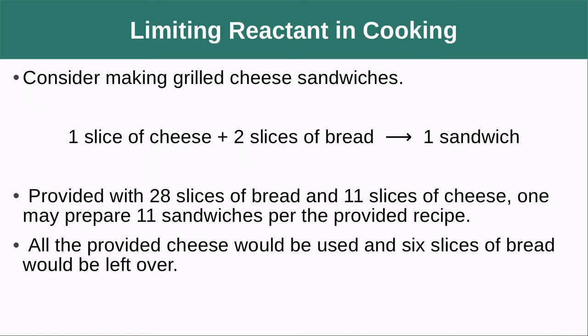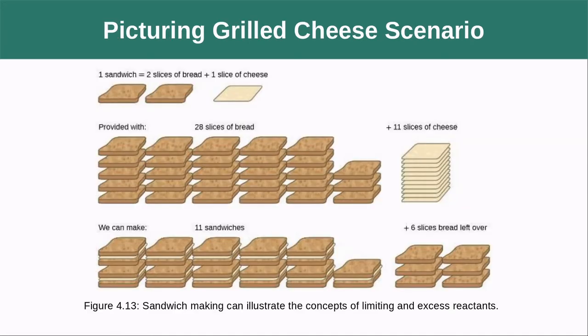So let's go back to one of our food examples. Let's consider that you're making grilled cheese sandwiches. You need 1 slice of cheese and 2 slices of bread for every 1 sandwich. Provided with 28 slices of bread and 11 slices of cheese, one may prepare 11 sandwiches per the provided recipe. All the provided cheese would be used and 6 slices of bread would be left over.